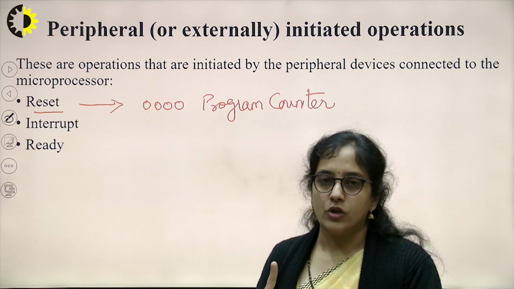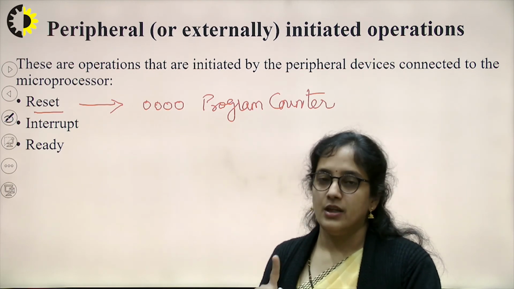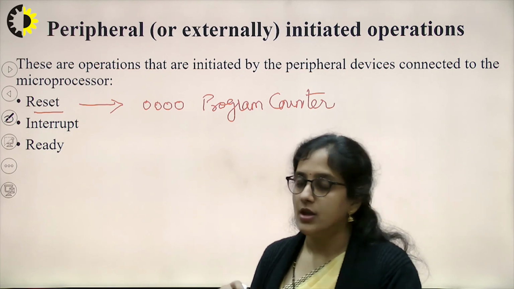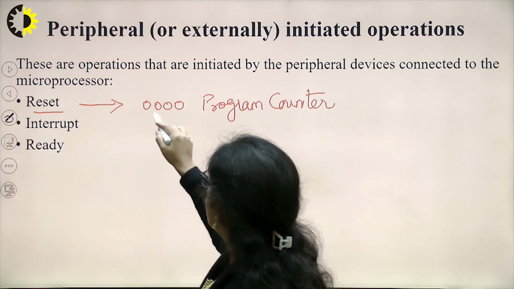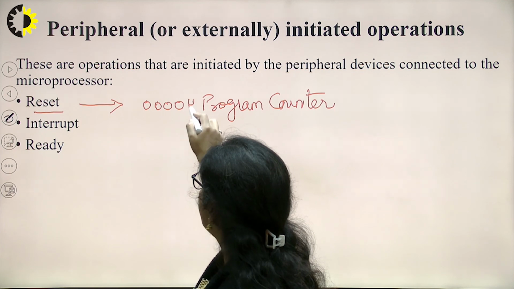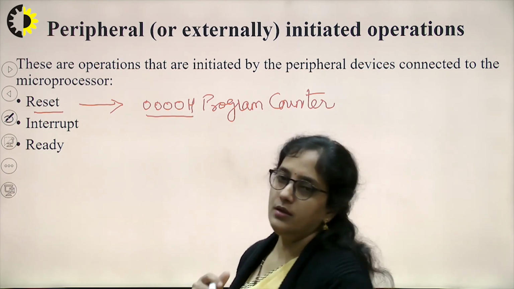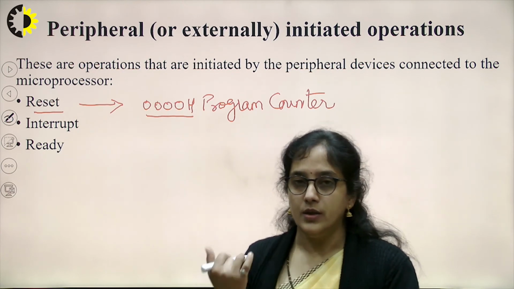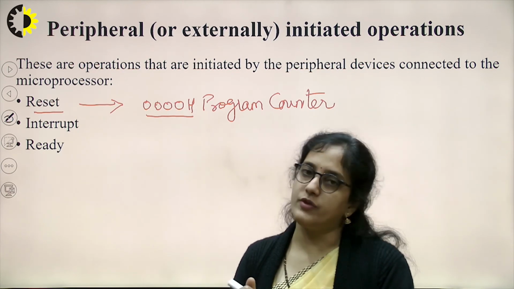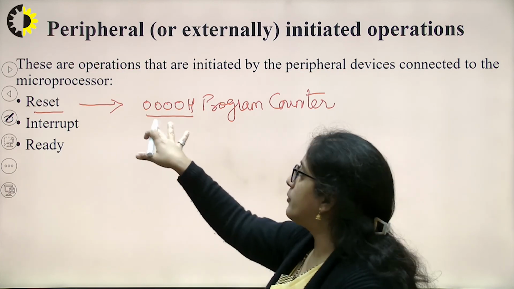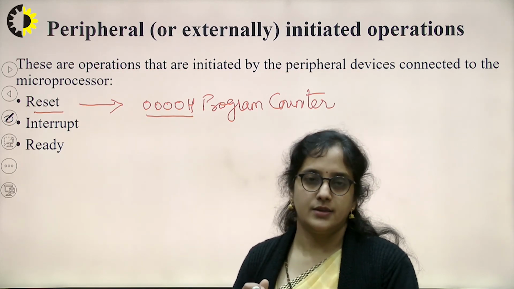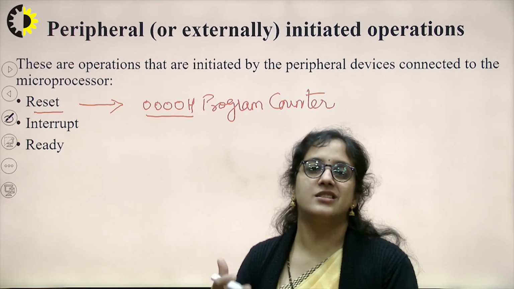This register always holds the address from where the next instruction has to be fetched. So whenever this reset button is pressed, the program counter will always point to the initial location of the memory, and the initial location of memory is 0000H. So this is how it restarts, it reboots.